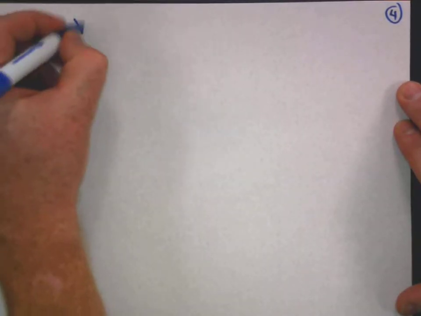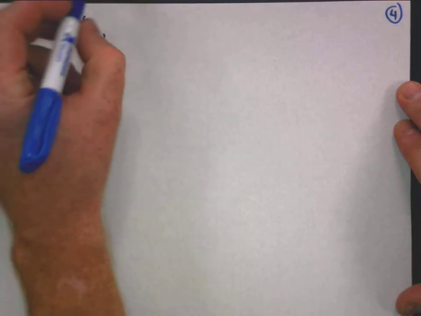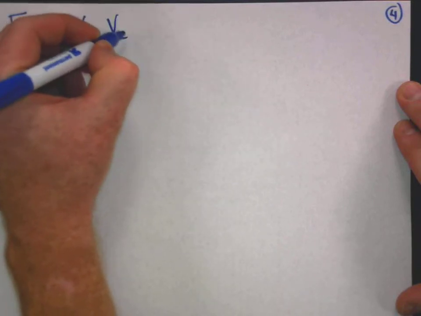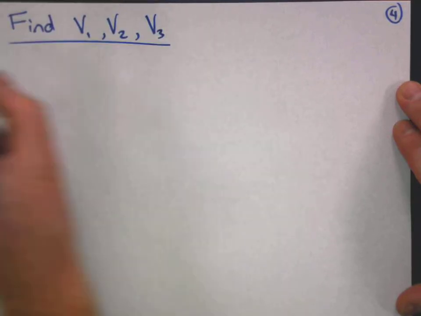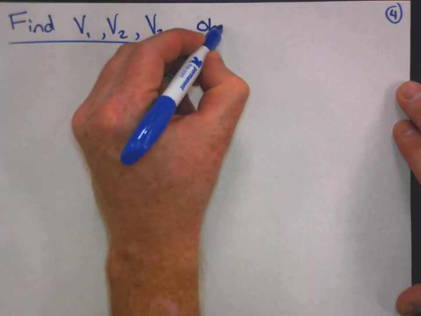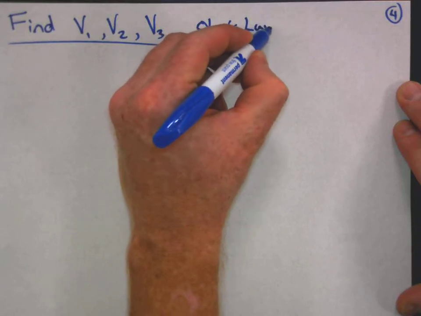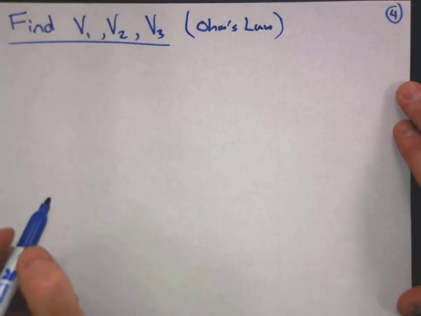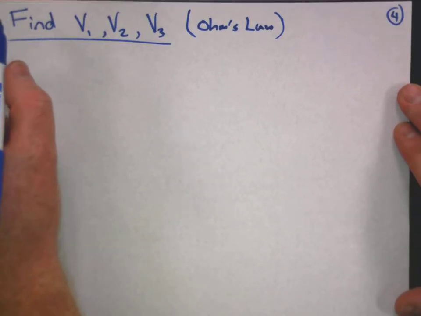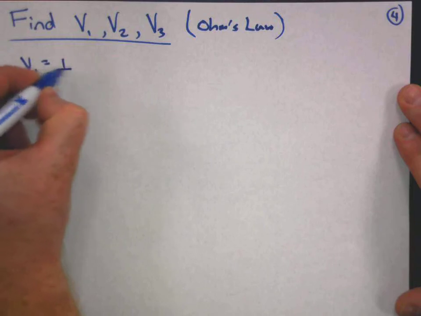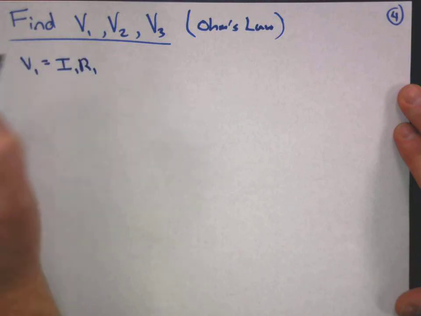Find V1, V2, and V3. Well, again, I'm going to use Ohm's law. Watch how this works. Ohm's law applies to the whole circuit, certainly, but also applies to each individual circuit. So V1 is equal to I1 times R1.